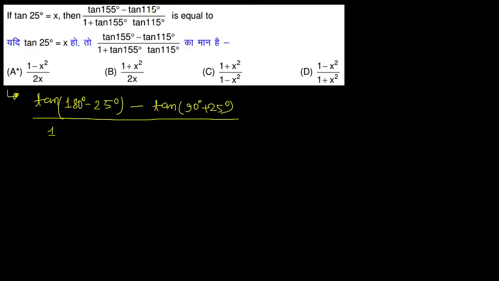Okay, tan a minus tan b divided upon 1 plus tan a tan b is nothing but tan a minus b, tan 40.